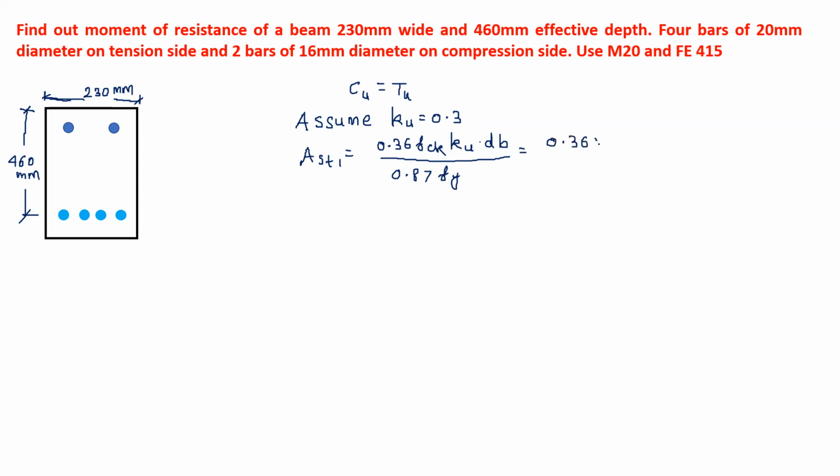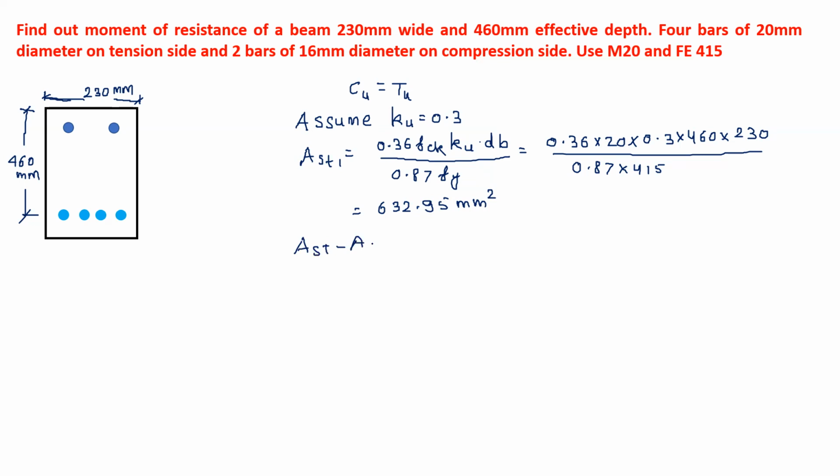We have 0.36 fck, Ku we have 0.3, D we have 460, and B we have 230, divided by 0.87 and fy is 415. From this we will get the value of Ast1 as 632.95 millimeter square.